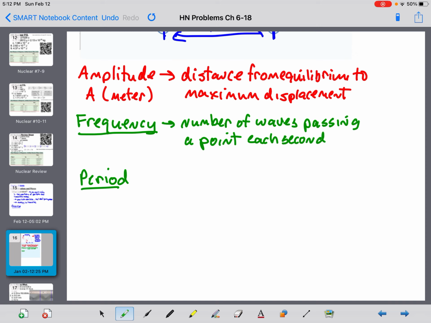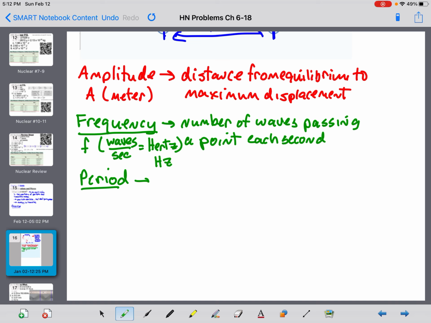So then your symbol for frequency is a lowercase f, and your units then would be waves per second, sometimes oscillations per second, and a wave per second is called a hertz. And hertz is abbreviated typically Hz.